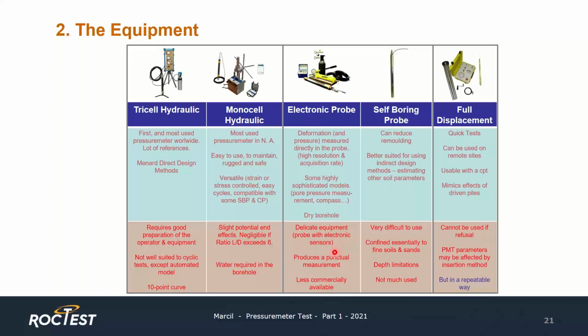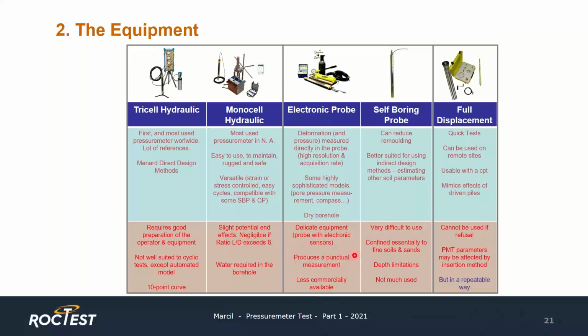However, this type of pressure meter is more delicate. The fact that the probe contains electronic sensors may cause some problems, especially when the membrane bursts. And this happens once in a while. And when this happens, the electronic sensors can be damaged and it is hard to repair.